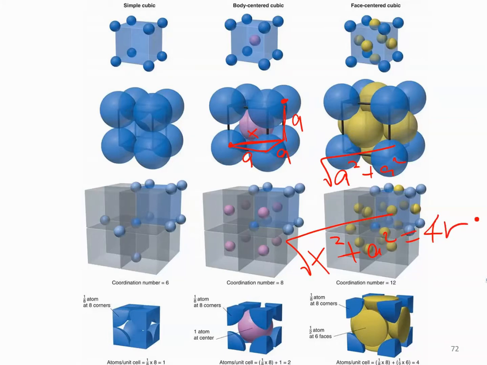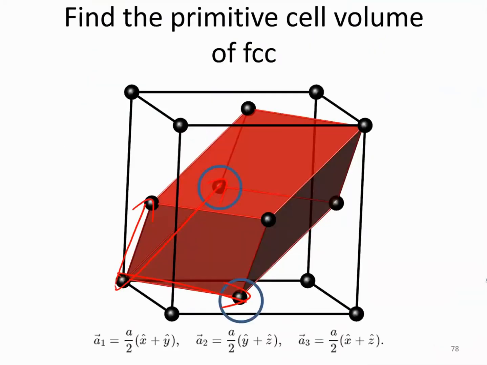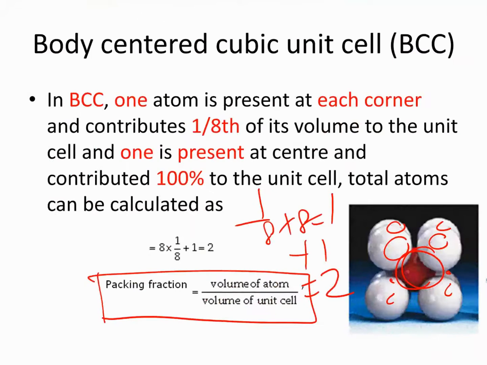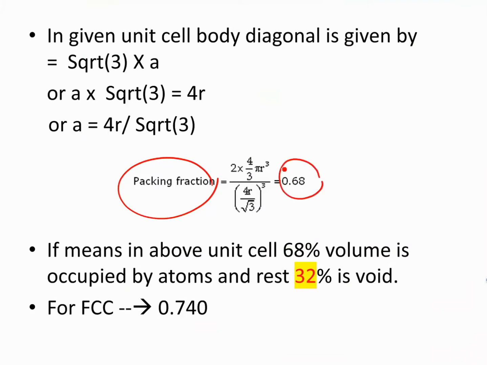Then now you know the relationship between R and A, okay? Which is equal to this one, square root of 3 times A. So after you solve it, you get 0.68.